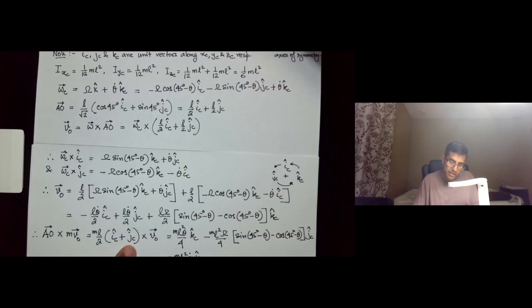Okay, and then JC cross JC is 0, JC cross KC is going to give us IC, so that's a positive, so then you will have ML squared capital omega over 4 times this expression, sine 45 degrees minus theta minus cosine 45 degrees minus theta, and this is going to be IC because it's J cross K.